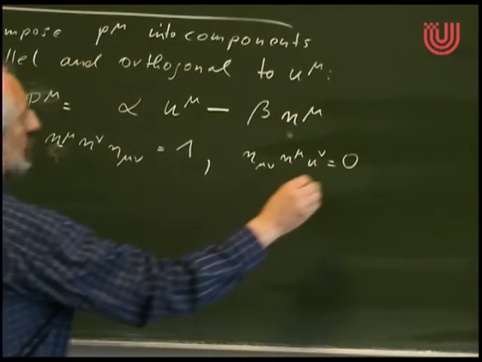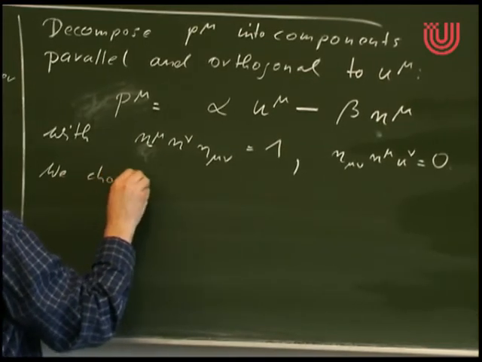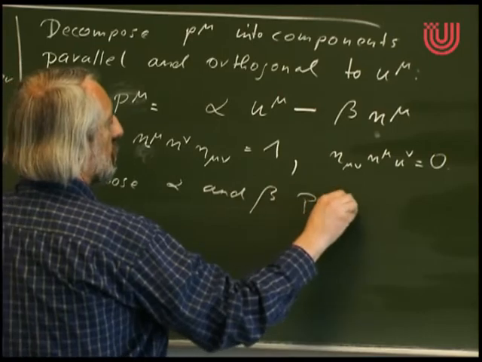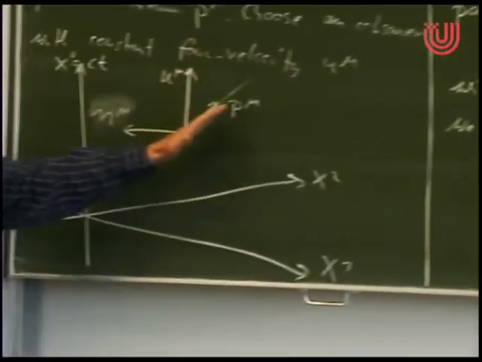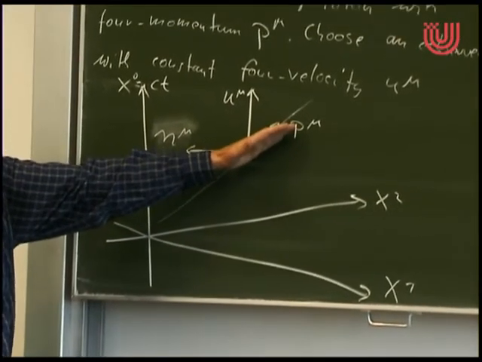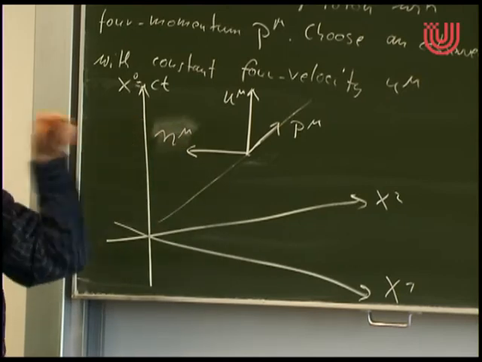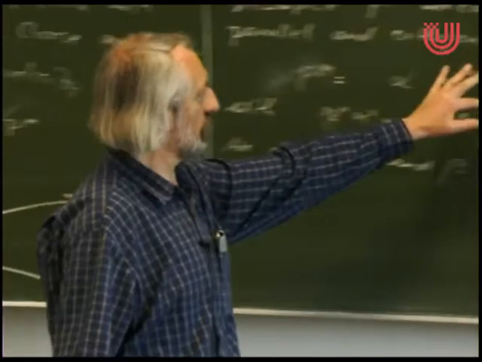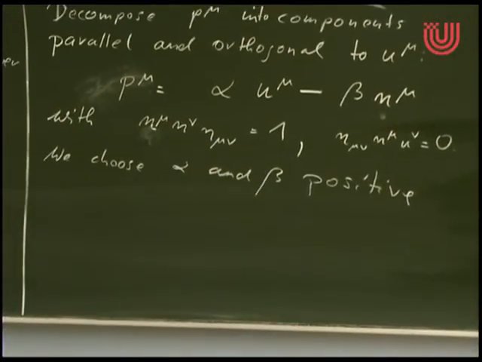And the convention is we choose alpha and beta positive. Alpha positive means our photon has a momentum which is future oriented. That's the usual choice which we make. And beta positive means the direction is a direction towards the photon, as I explained already. So the signs are conventions, of course. You just have to see that you stick with it for the whole calculation.